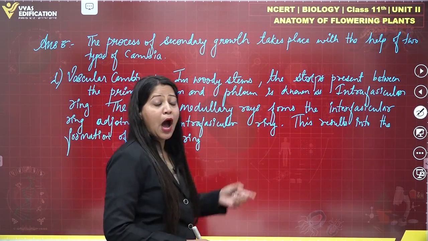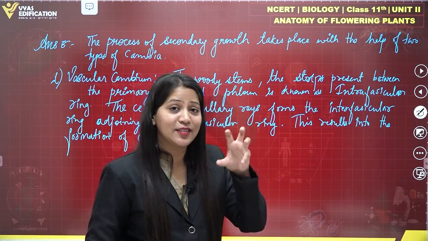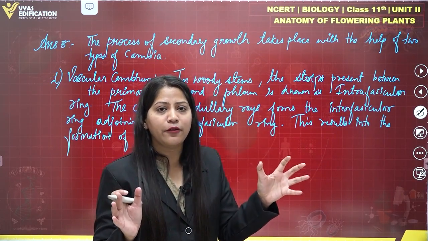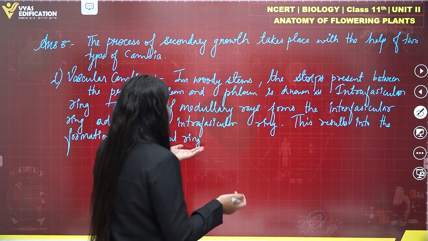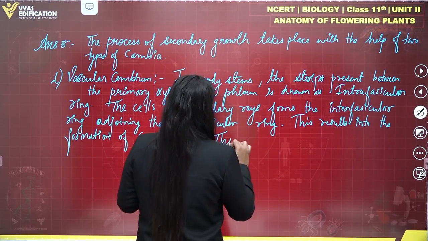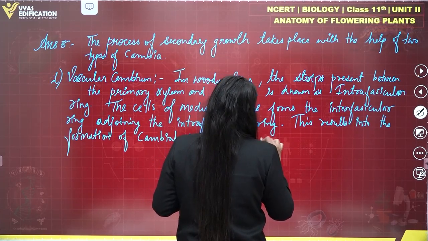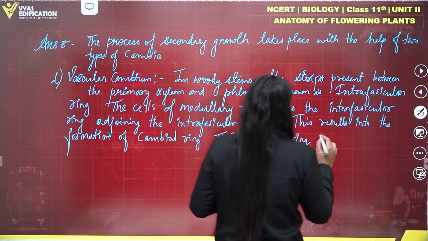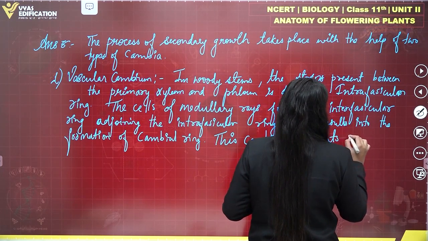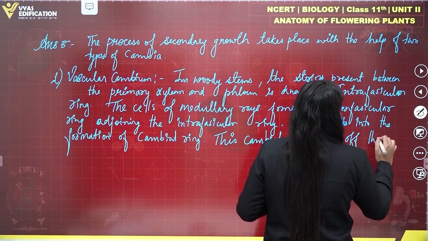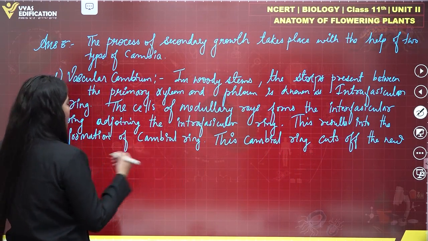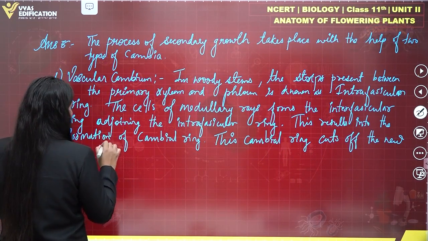Now, after the formation of the cambial ring, it divides the cells. This differentiates or cuts off the cells on either side, right? So this cambial ring cuts off new cells. That means it forms new cells on either side.